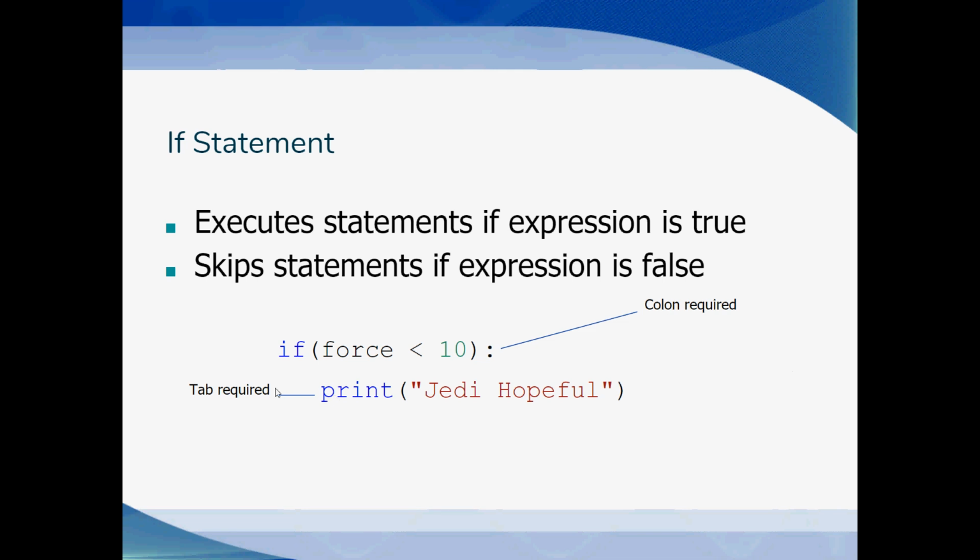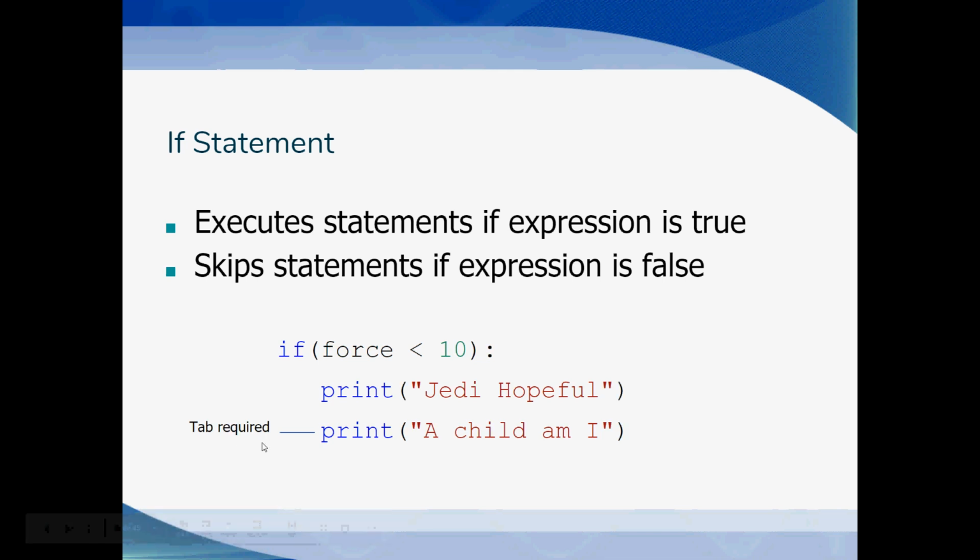This print statement is tabbed over once or twice, or maybe it's just 5 spaces from this if statement. And that indicates to the compiler that this line of code is part of this if condition. Now if you have multiple statements, you are required to put that tab in on each of those statements that are in this particular if condition.